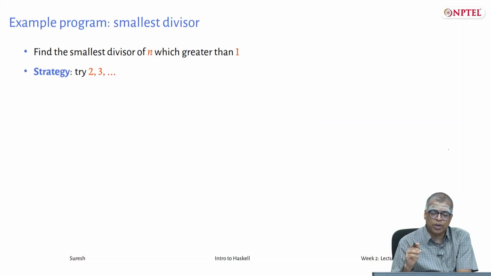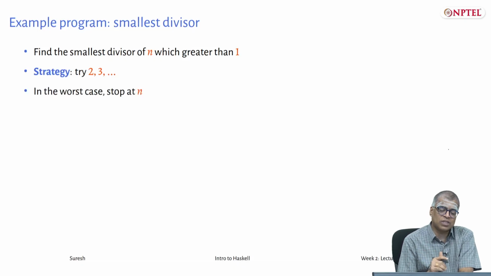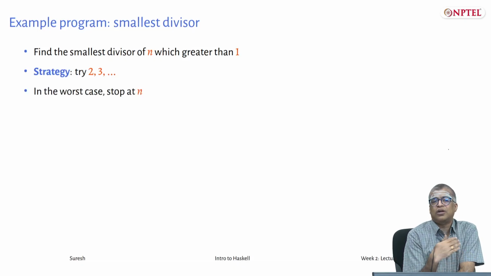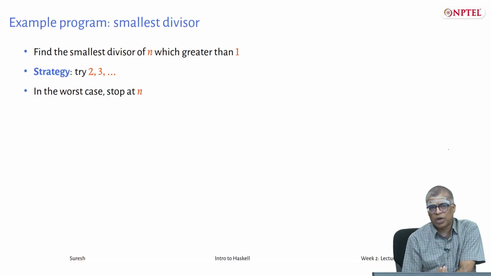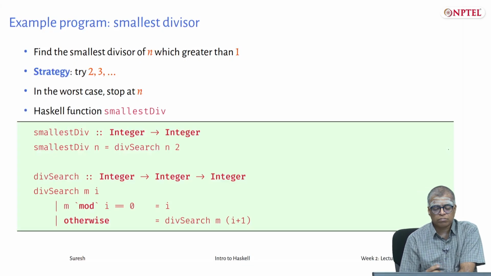So that is the strategy. Try different values 2, 3, etc. to see if any of them divides n. In the worst case you will stop at n because n could be prime.